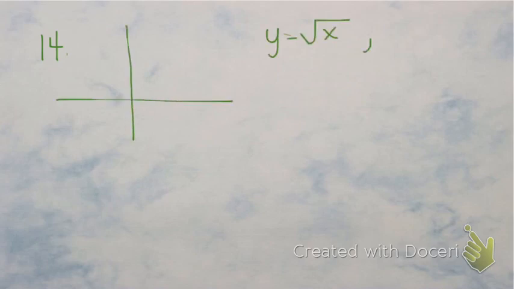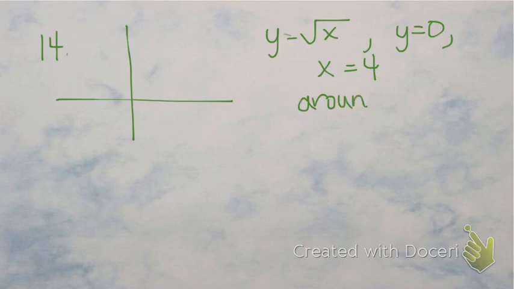Last problem other than the try ones. Y equals the square root of x, y equals 0, x equals 4, and we want to go around x equals 4.